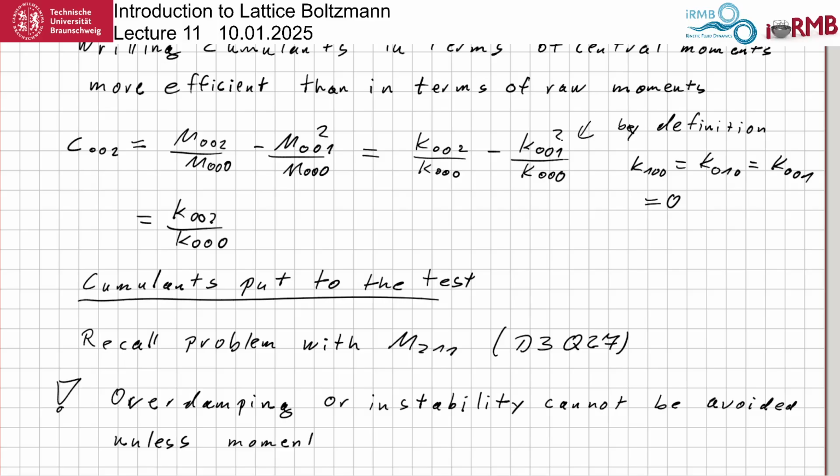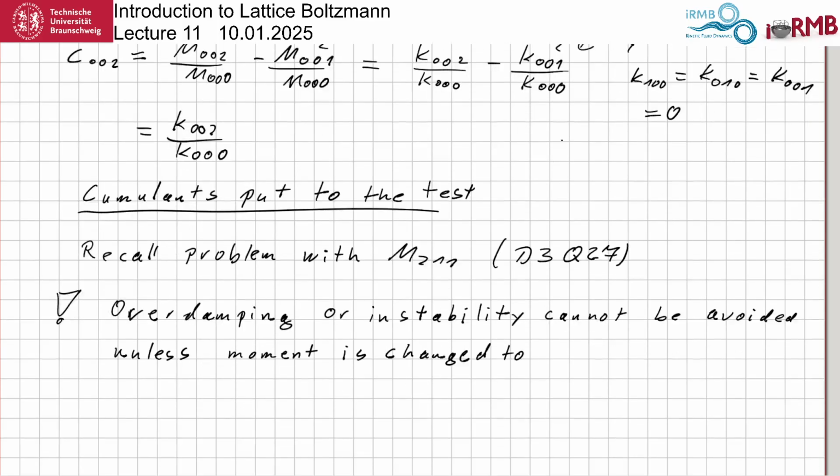So we had to change this a little bit ad hoc, without good explanation, to N210. We had to basically compute this moment and then relax this moment. You remember.